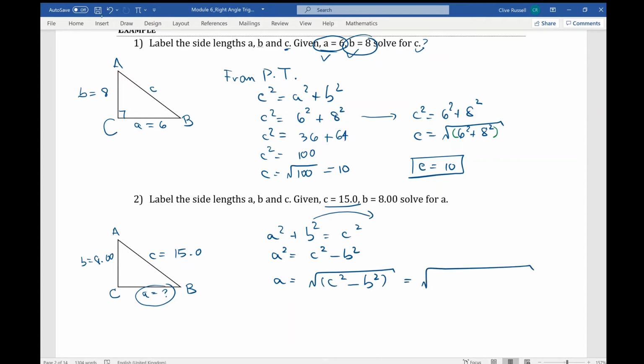But let's just plug values in now. Now C is 15.0 squared, and you're subtracting the B, which is 8.00 squared. And if you plug that in your calculator, you're going to get 12.688577, keep going.